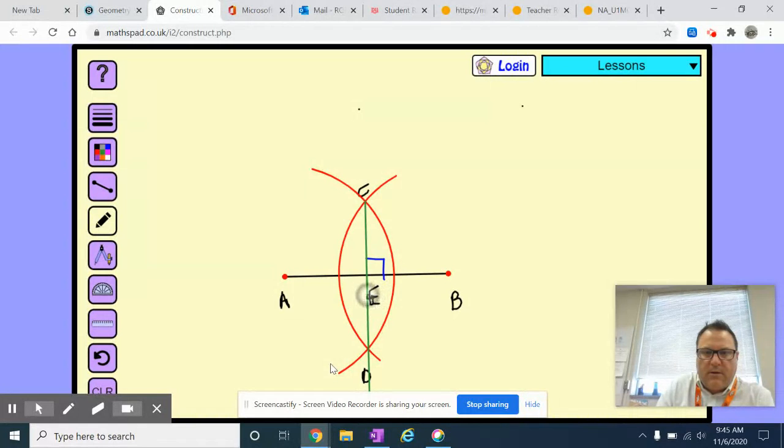This is point E right here. And so what I can now say is that segment AE is congruent, terrible, right? This tool is crazy, to segment EB.